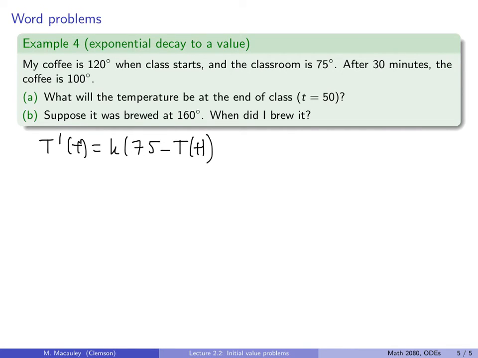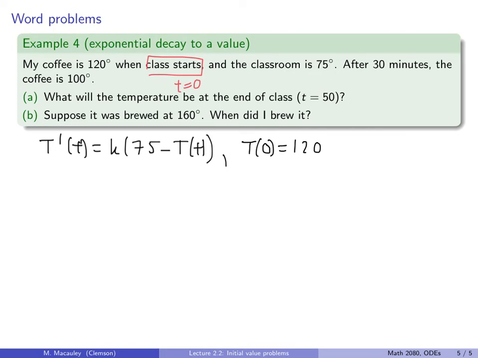It's always good to write down the initial conditions, and all the information you know. Class starts at t equals 0, when the temperature is 120, so T of 0 is 120.